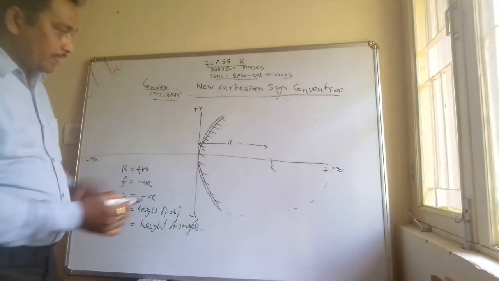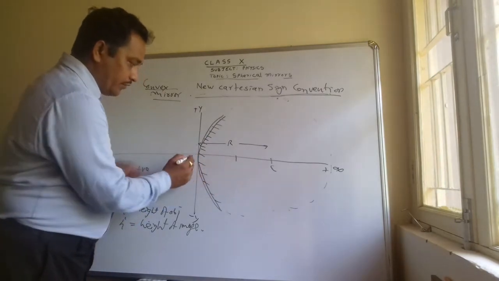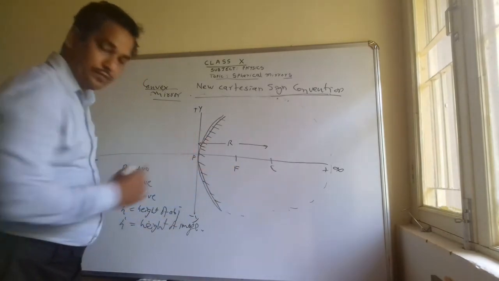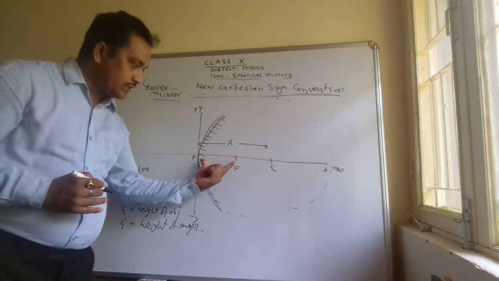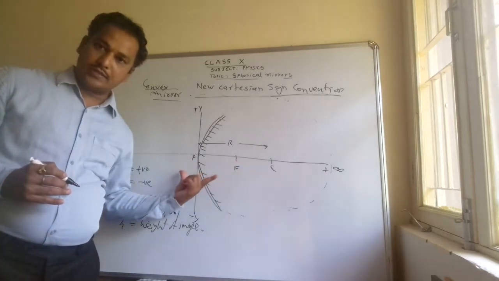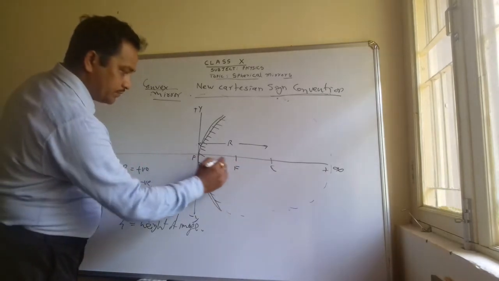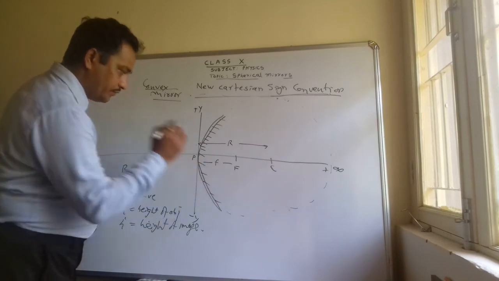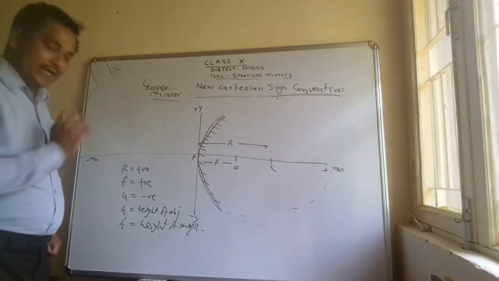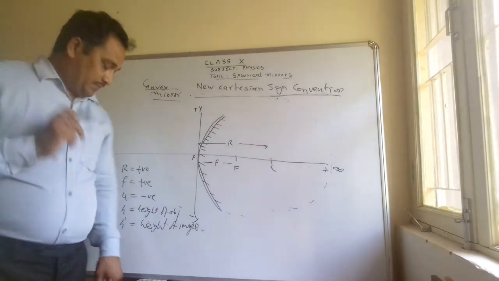Similarly, this is the midpoint from the pole to the center of curvature. We call it the focus, and the distance, half of the radius, from P to F or F to C, both are the same, and we call this distance P to F the focal length. So this will always be positive because we are on the right hand side. Is it clear? Very good.